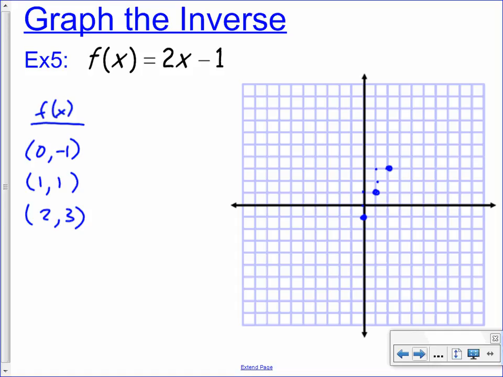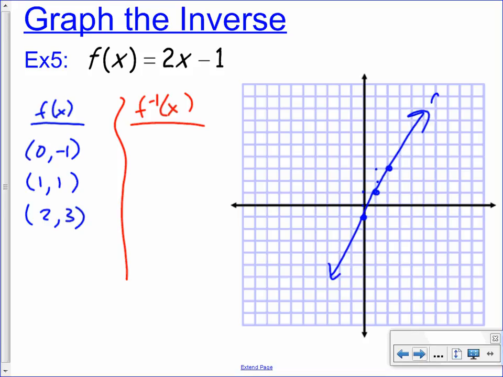Correct? So to graph the inverse, switch the x's and y's. Let me finish graphing. So this right here is f of x. To graph the inverse, just switch the points.